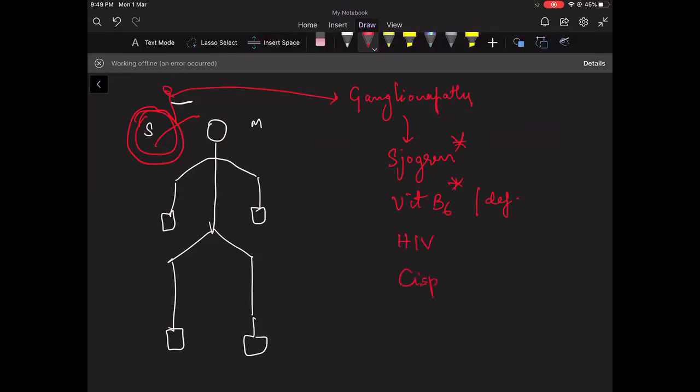Cisplatin classically involves this kind of ganglionopathy, and there may be paraneoplastic presentation. Even a variant of GBS, where classically the sensory dorsal root ganglion will be affected. And these are the causes of ganglionopathy.